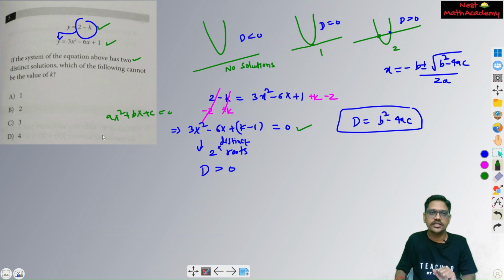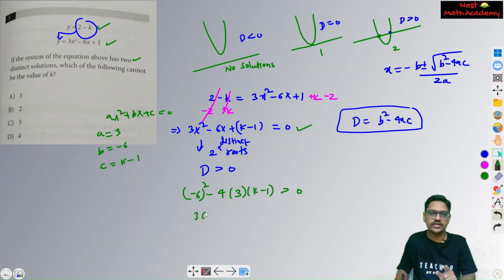So a is 3, x square coefficient, b is minus 6, c is k minus 1. Following? So now I want a discriminant d greater than 0. So d is supposed to be b square minus 4ac. So b square means negative 6 square minus 4 times 3 times c, which is k minus 1, is greater than 0.